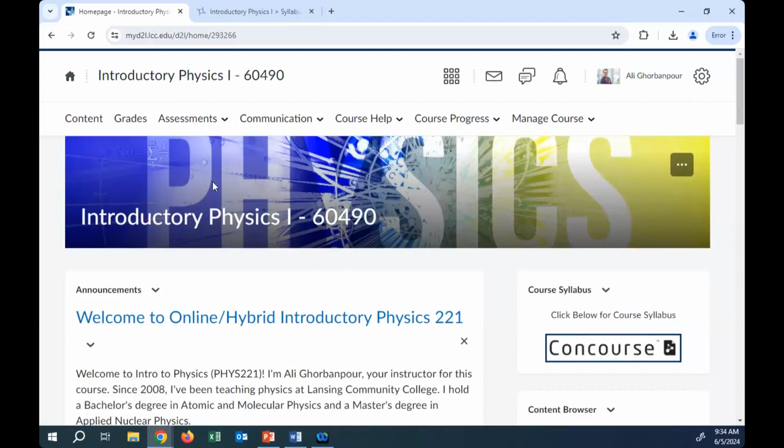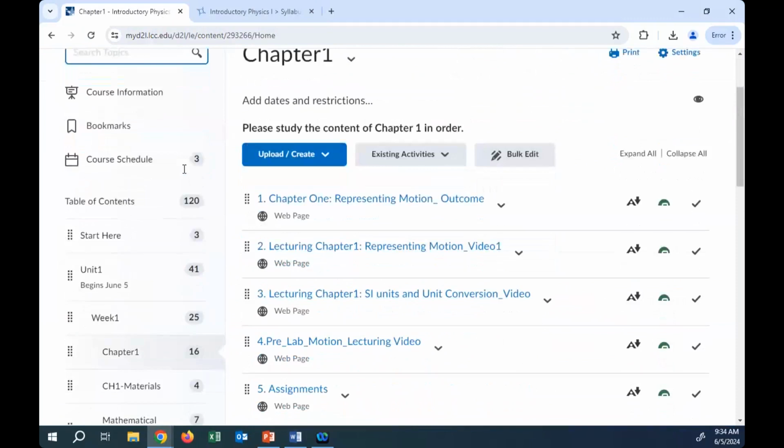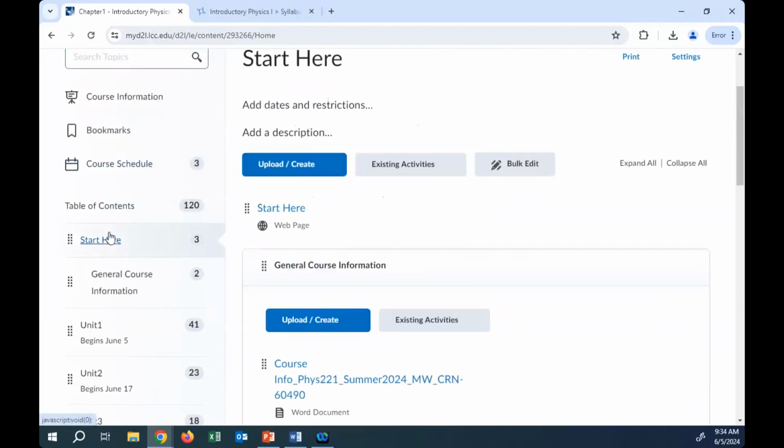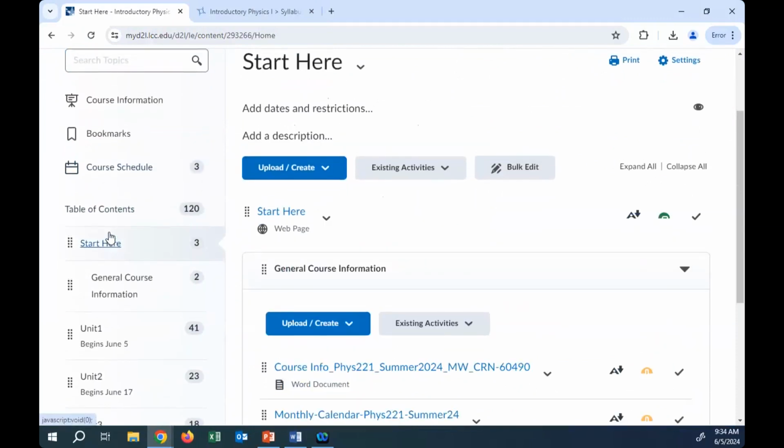The next thing is Start Here. So we have 2 files. Again, the course information is available, and also the monthly calendar. So what is the monthly calendar and the course information? Let me just show you.